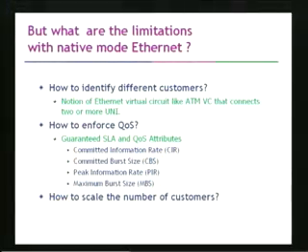Now, the first challenge is, as you know, how to identify the different customers. That is one of the important challenges. In an ATM based network, and that is why that was the preferred network of the service providers, there is this concept of a virtual circuit that connects two or more UNIs. There is no such notion of an Ethernet virtual circuit.